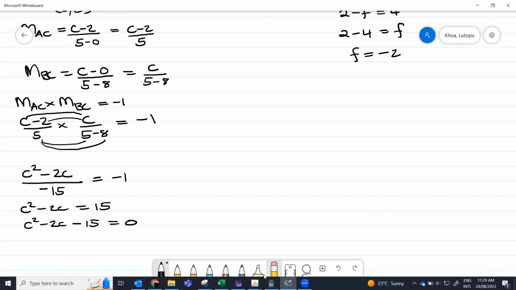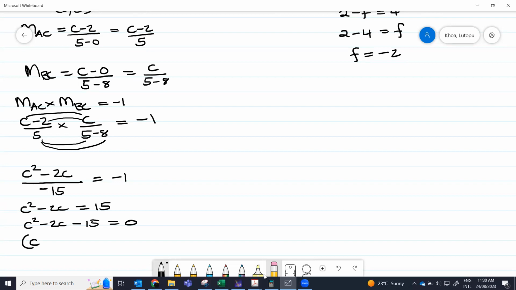So this is a quadratic equation, and we know how to solve quadratic equations. Either you factorize, you complete the square, or you use the formula. So let's factorize. We look for two numbers that when you multiply them, the answer is negative 15, and when you add them, the answer is negative 2. So that is negative 5 and positive 3.